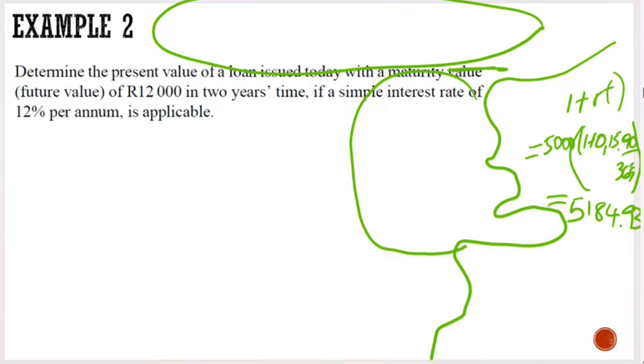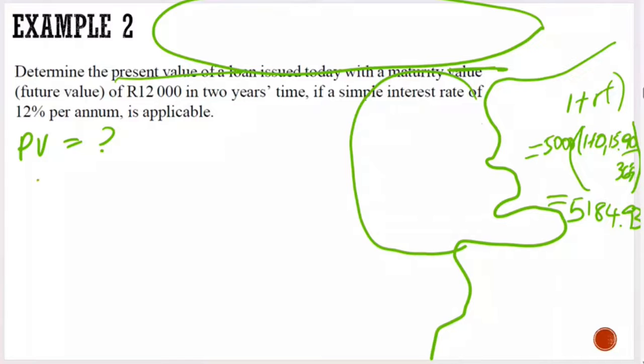Okay, here we are saying determine the present value of a loan. You are asked to find the present value of a loan issued today with a maturity value, your future value. Remember, your future value is the same as your accumulated value.